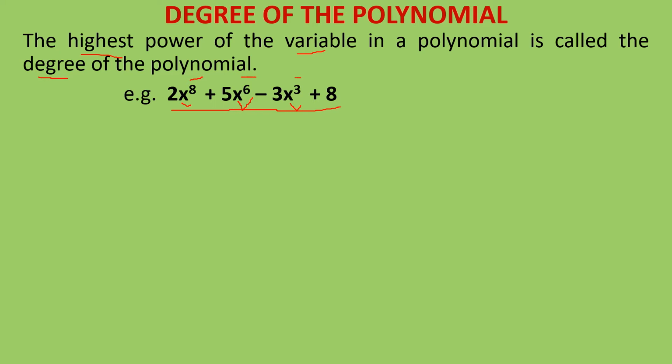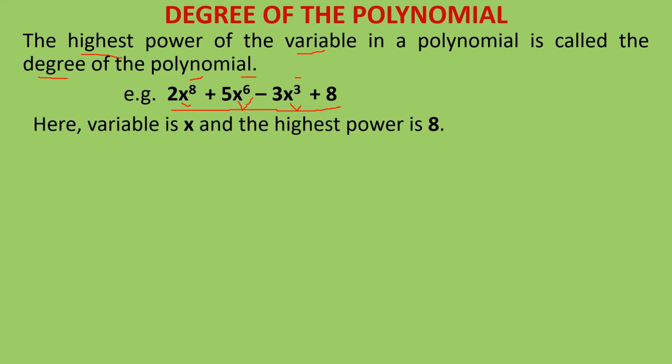Now what is the highest power here? Highest power is 8, right? So here variable is x and the highest power is 8. And we know the highest power of the variable is the degree of the polynomial. So the degree of the given polynomial is 8. We have to just see the highest power of the variable. That will be the degree of the polynomial.